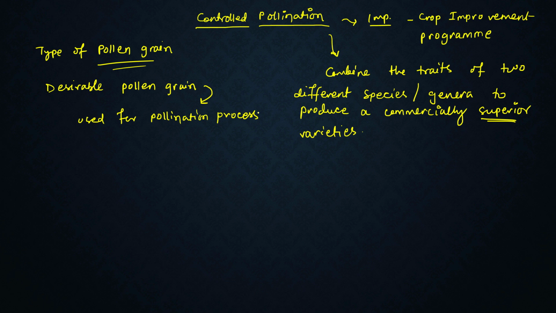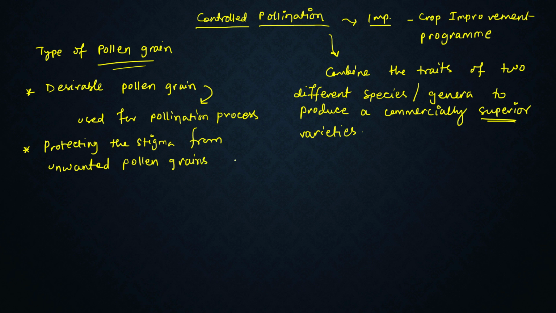And we do another thing. One is using the desirable pollen grain for the pollination process, and the second important fact we have to keep in mind is the stigma: protecting the stigma from unwanted pollen grains, and that is called preventing contamination.